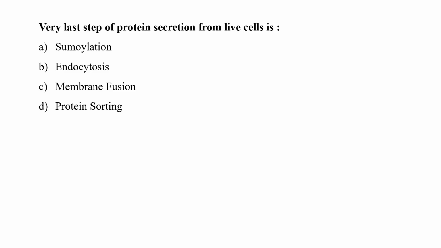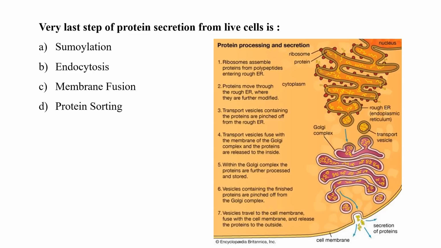The very last step of protein secretion from a live cell is sumoylation, endocytosis, membrane fusion, or protein sorting. In the conventional secretory pathway of a secretory protein, it starts with an N-terminal leader peptide which drives the nascent protein to the ER.